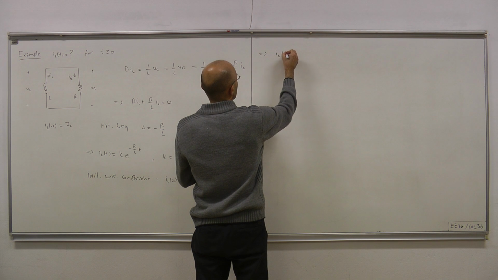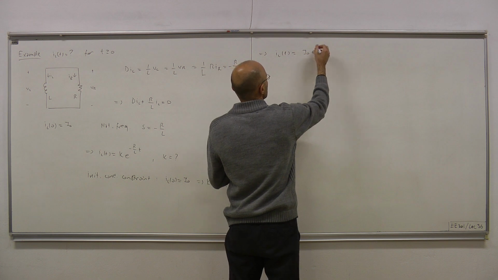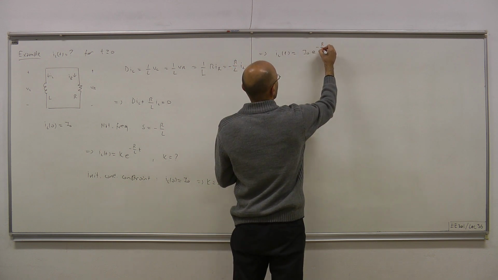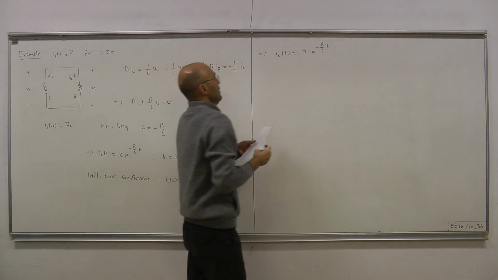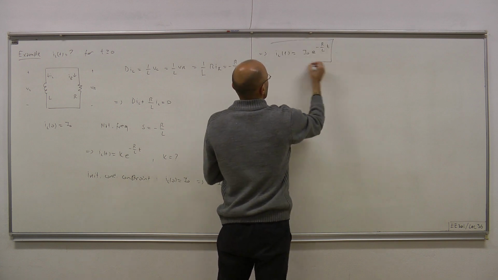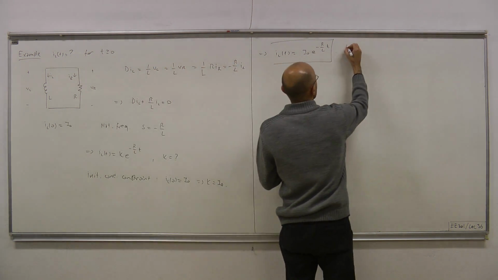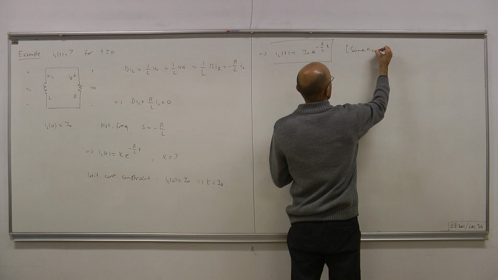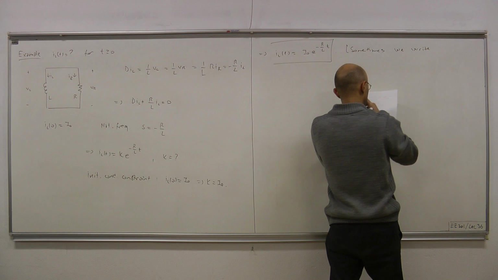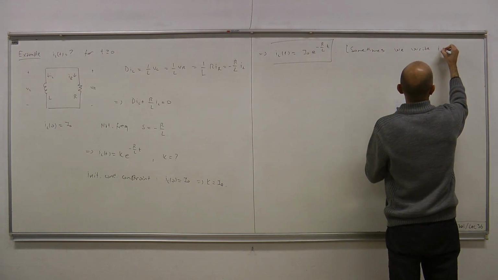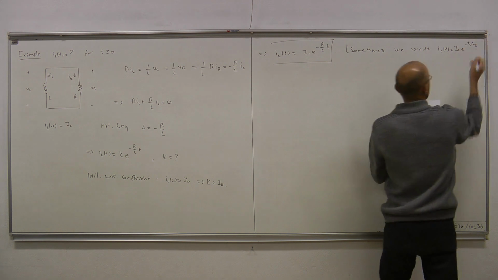Therefore, ILT equals I0 e to the minus R over L t. Okay. For this circuit, what's the time constant? Sometimes we write this instead as ILT equals I0 e to the minus t over the time constant.